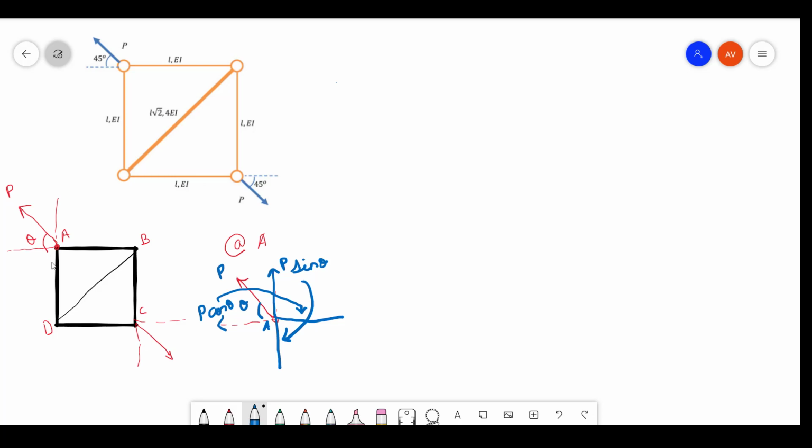So let's say A, B, and this is D. The force on member AB is P cos theta, and the force on member AD is P sine theta.